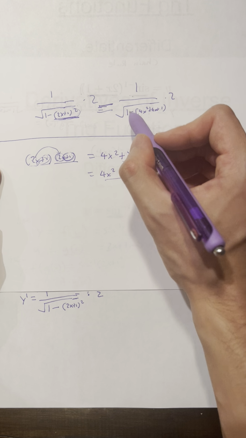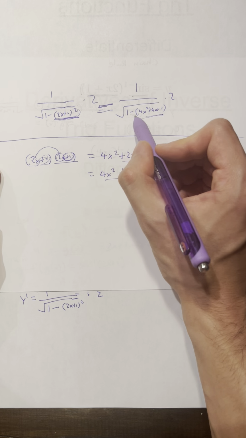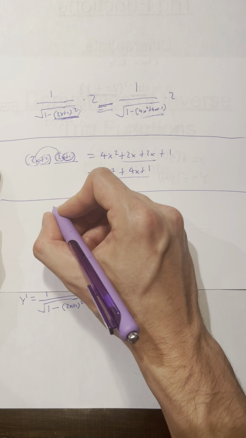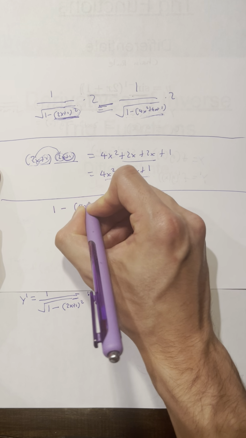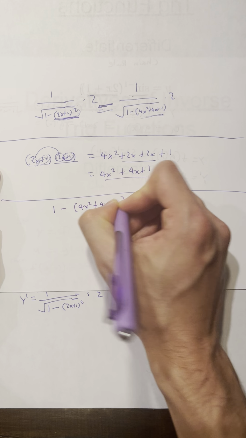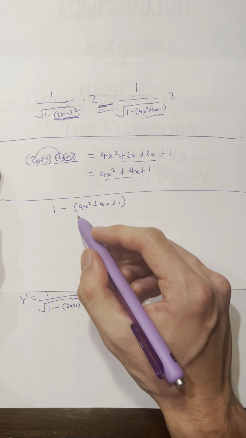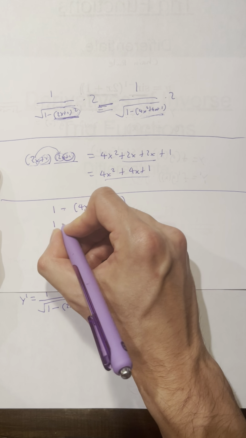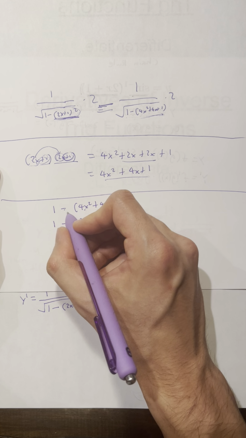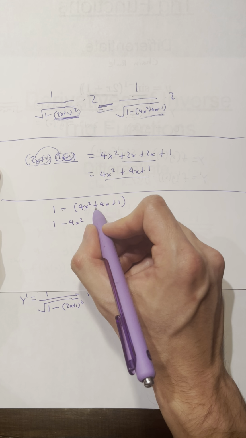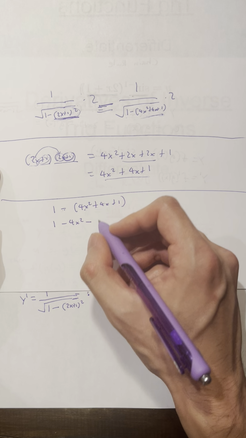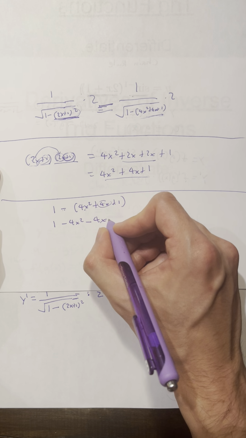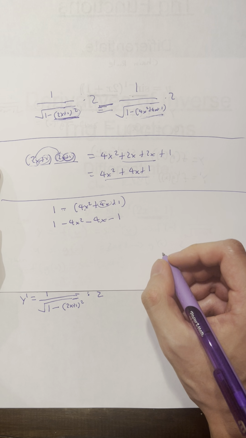Okay. Now how do I simplify this? How do I get rid of the parentheses? So it's 1 minus 4x squared plus 4x plus 1. To get rid of the parentheses, it's going to be 1 minus 4x squared. And then negative and positive make a negative sign. And then copy the 4x. Negative and positive make a negative. And copy the 1.